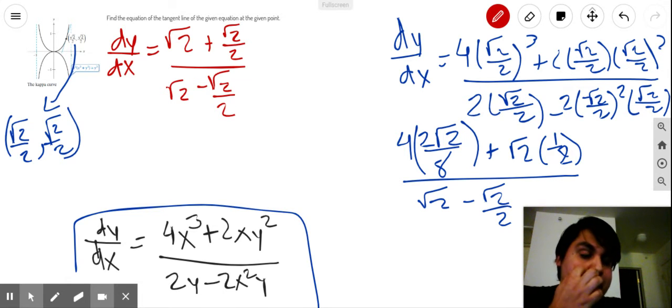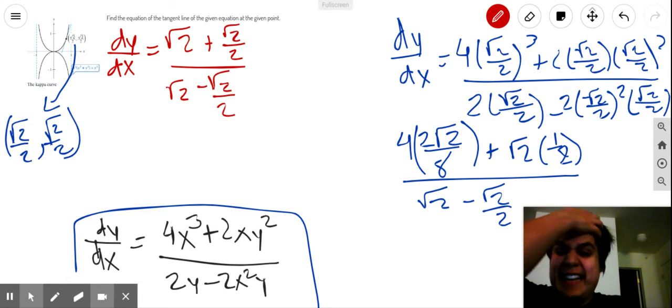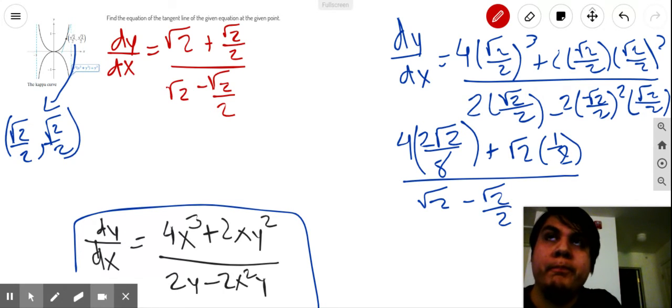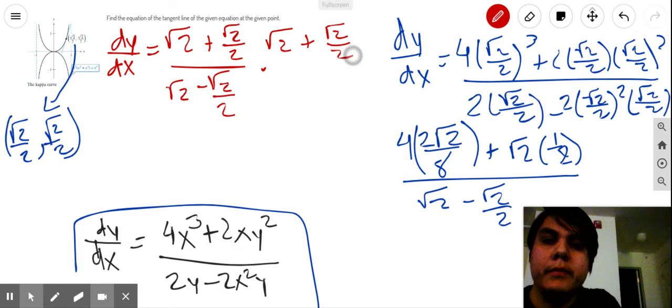So technically that is a sufficient answer, but you know how mathematicians don't like their radicals, so we're going to rationalize the denominator. We're going to multiply by the conjugate over radical 2 plus radical 2 over 2.